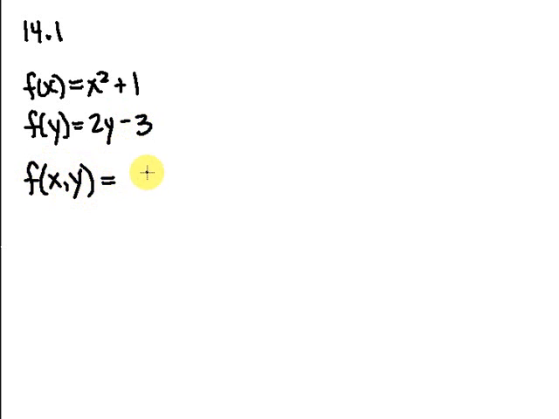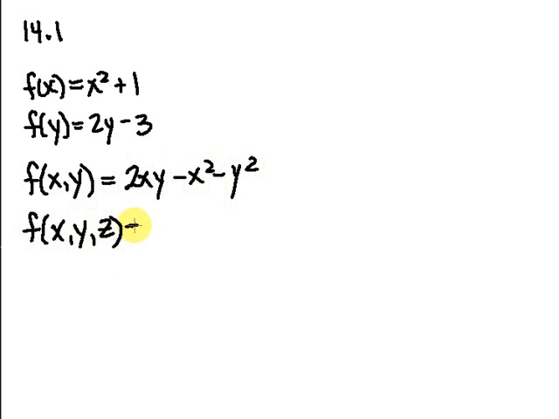So, for example, we could have 2xy minus x squared minus y squared, which is a function of two variables. We could also have three variables. So for example, f of x, y, z equals x plus y plus z would be a function of three variables.